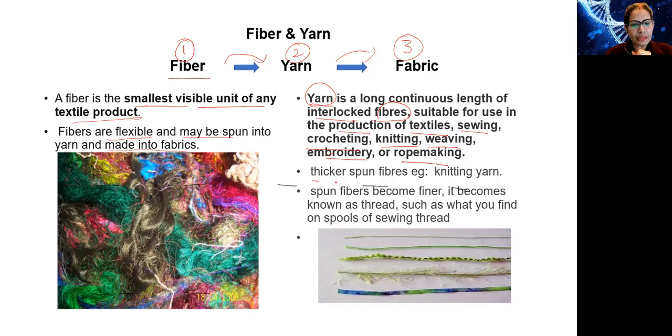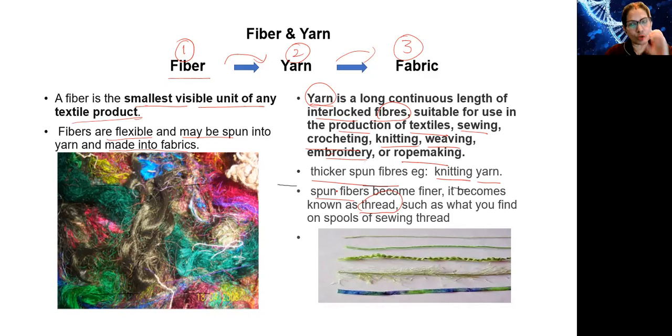Then the thick spun fibers, if the fibers are very thickly spun, that means rolled out, then it can be made into a knitting yarn. And if the spun fibers become very fine, very thin, very delicate, then it becomes what is known as the thread.